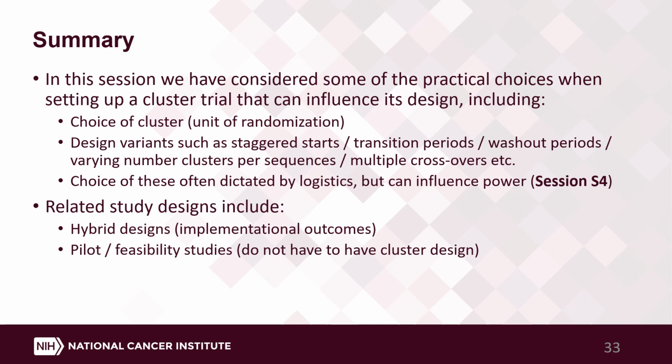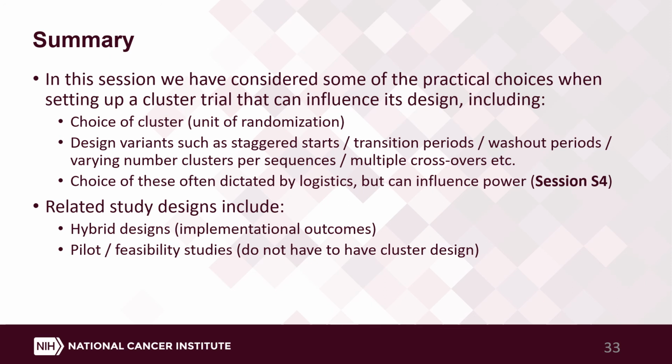So in summary then, in this session, we've considered some very practical choices that we have to think about when choosing or setting up our cluster trial. We've thought about the choice of cluster, which effectively means the unit of randomization. We've considered the impacts of staggered starts, transition periods, washout periods, how many clusters we should have per sequence, and how many periods we should have in our design.